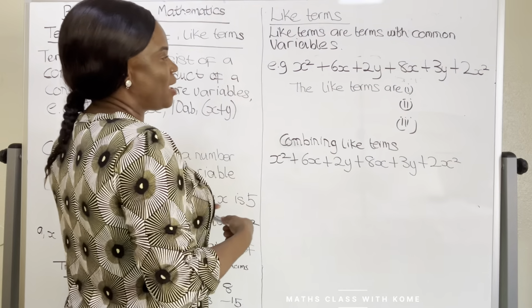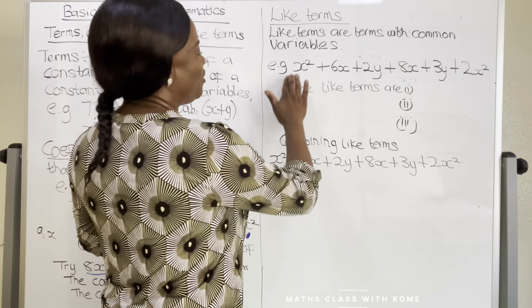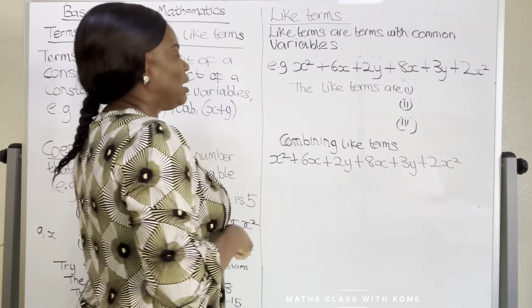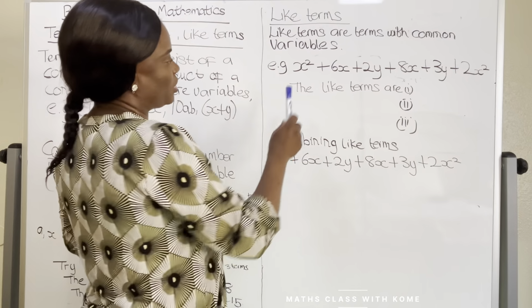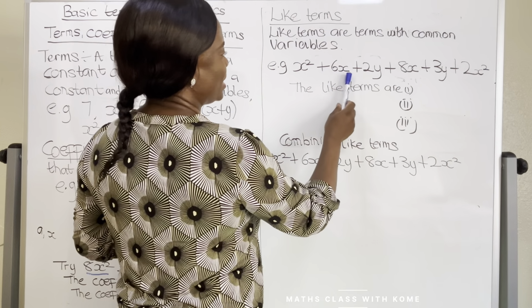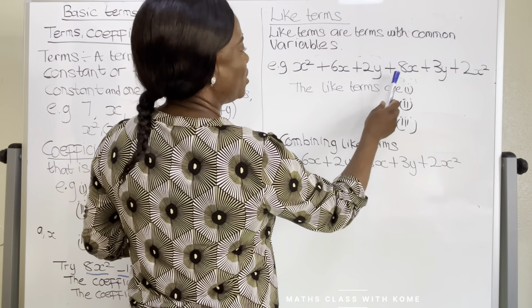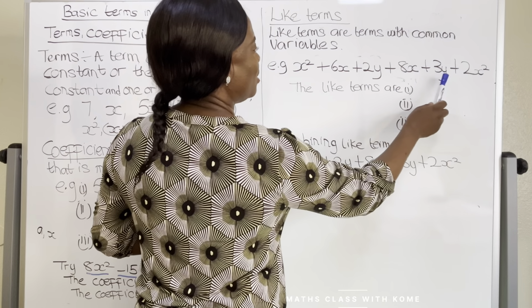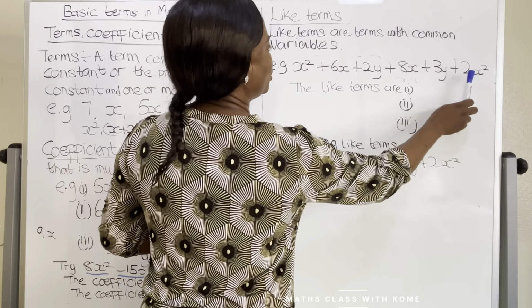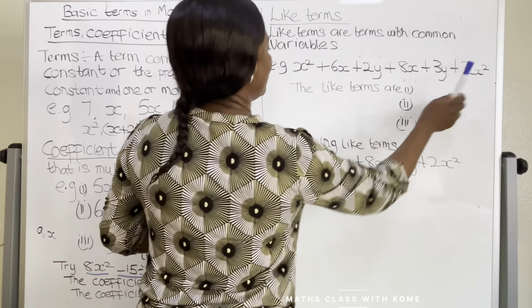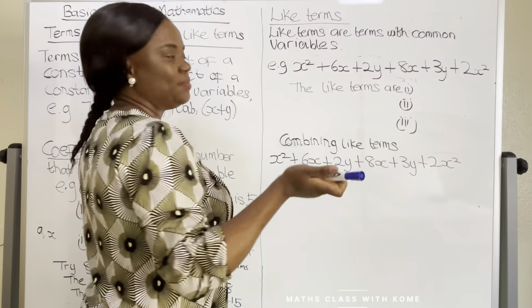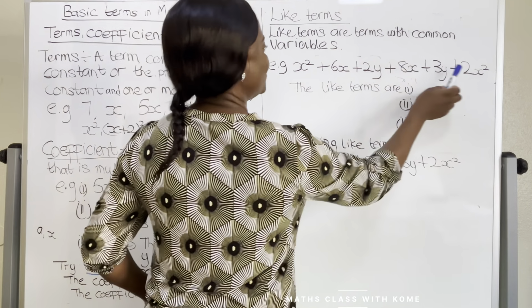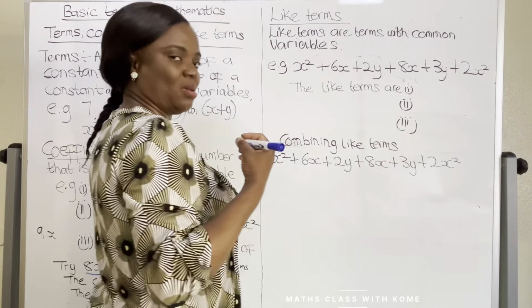The like terms here are, if you look at this, let me read out this expression. x squared plus 6x plus 2y plus 8x plus 5y plus 2x squared. Let me count the number of terms I have here. 1, 2, 3, 4, 5, 6. We have 6 terms here.